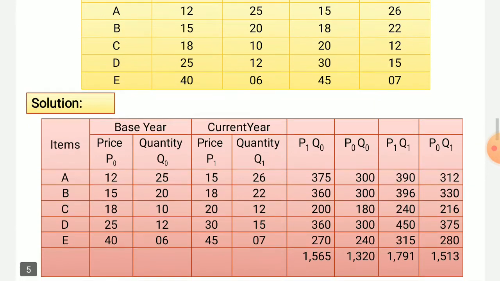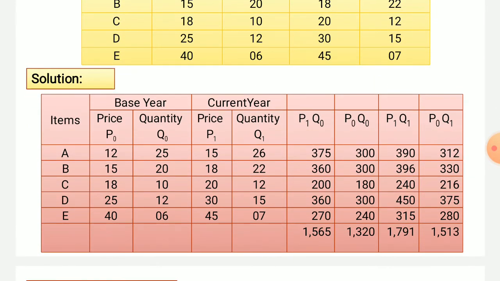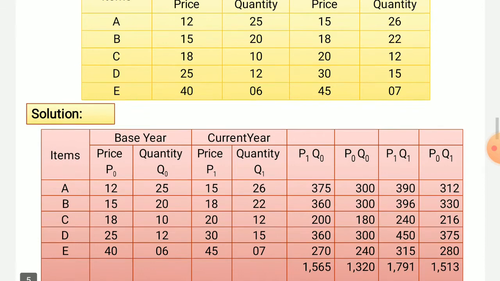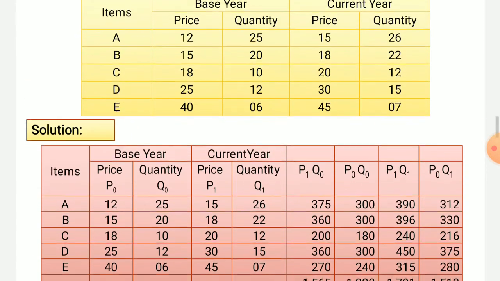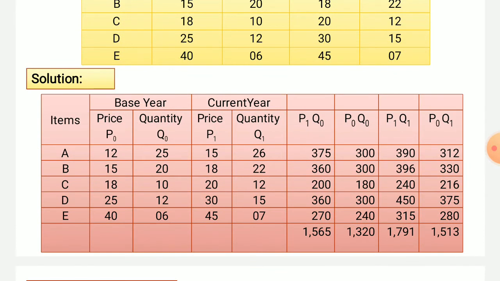Then prepare a table showing another four columns. In the first four columns, the given data should be written. Whatever data are given in the first four columns, we have written here: base year price P0, base year quantity Q0, current year price P1 and current year quantity Q1.